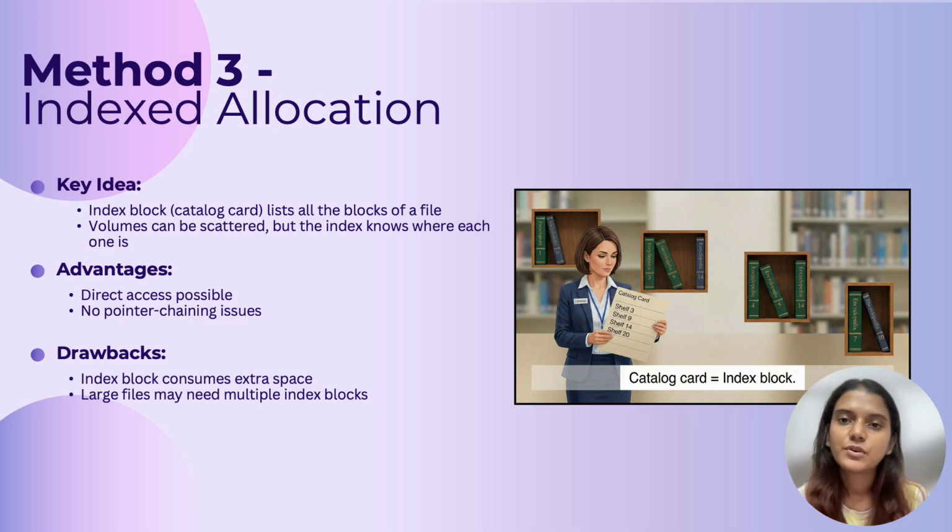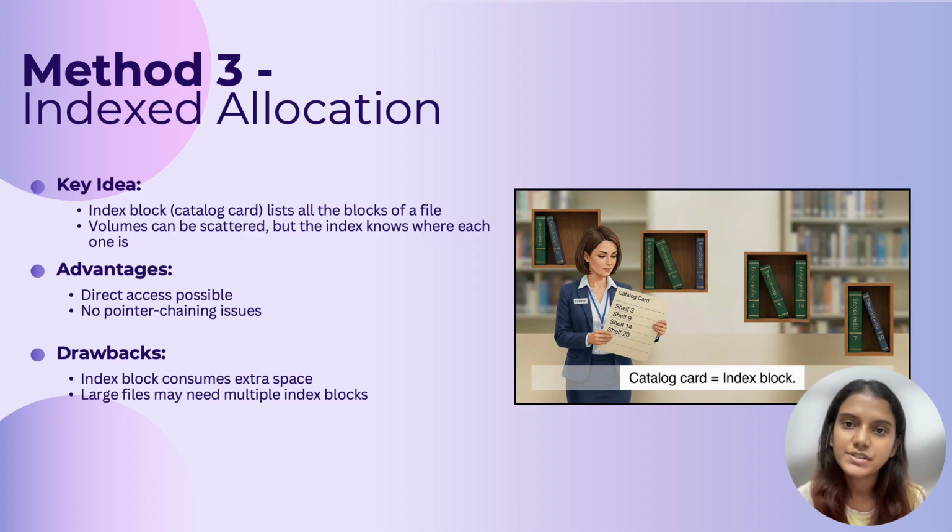So next we move on to the third method, that is index allocation, which you can think of as a librarian creating a catalog card for each book. This card lists the shelf number of every volume, so even if the volumes are scattered all over the library, the librarian can instantly look at the card and know where each one is stored. The OS does something very similar.